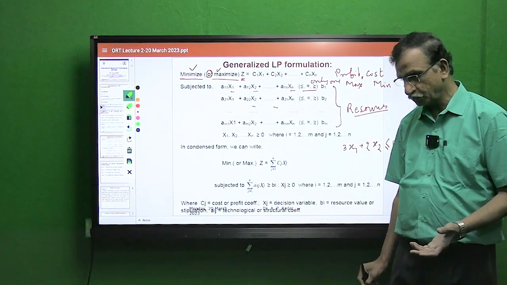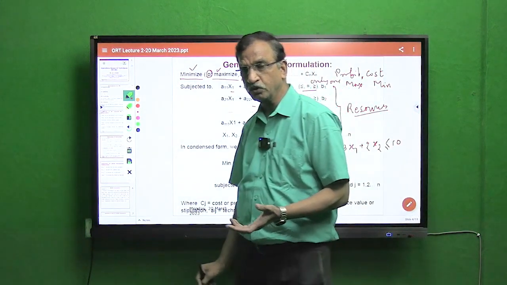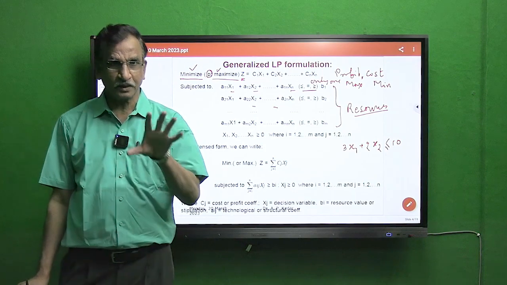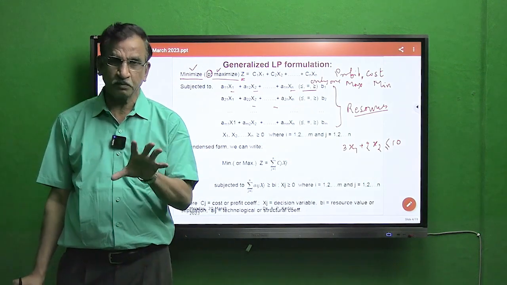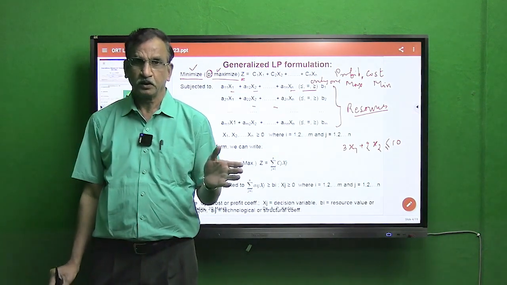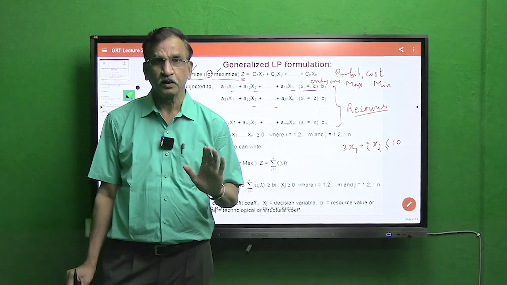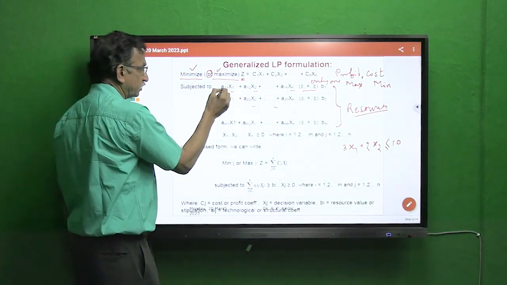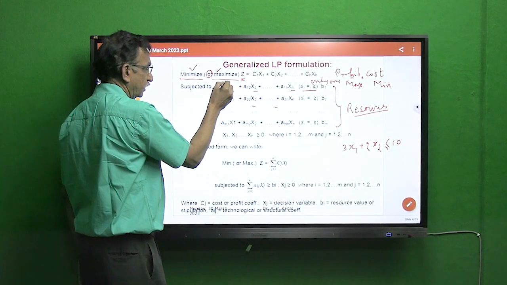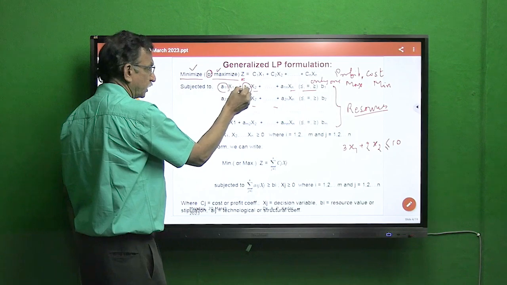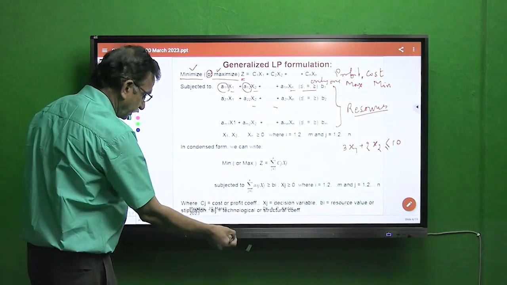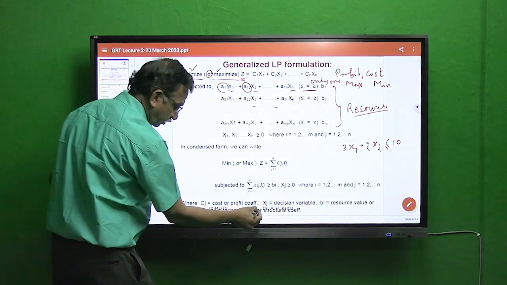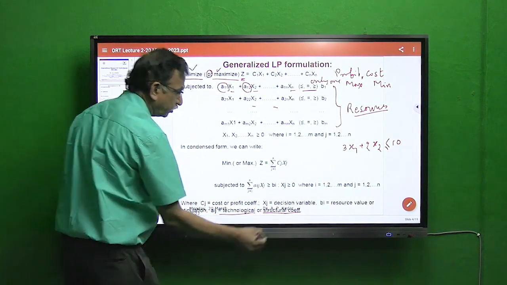Suppose we are interested in finding the amount of product to be produced, then we have to assume something like: let x1, x2, x3 be the number of units of a particular product, in view of maximization of profit or minimization of cost. And these A's, like A11, A12, are called technological coefficients, or another name for that is structural coefficients.